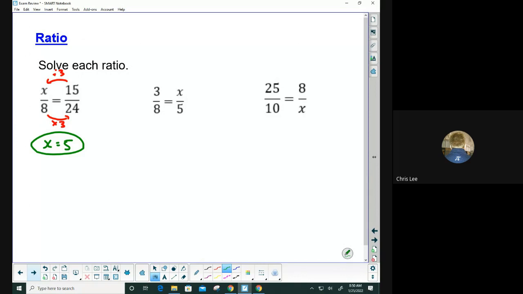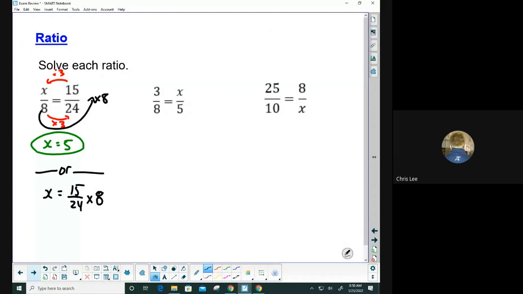There was another strategy that we learned, and that was if we have x over 8 and we want x, we can just take this 8 and bring it up here and go times 8. So we could say it is 15 divided by 24 times 8.